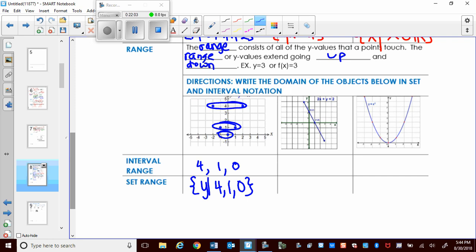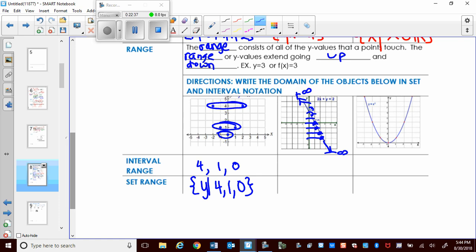Now, what about this straight line? Well, let's look at the y values. I have a point at 4, and it's going to keep going, so I'm going to positive infinity. I have a point at 3, have a point at 2, 1, 0 right here, at -1, a point at -2, a point at -3, and it keeps going forever and ever until I go to negative infinity.